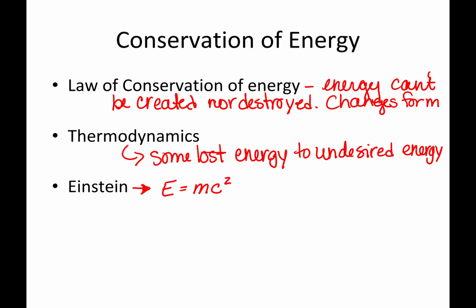So E is energy, m is mass, c is the speed of light, which is 3.00 times 10 to the 8th, which is the fastest anything in the universe can go. And therefore, energy and mass are really the same thing. They're two sides of the same coin.